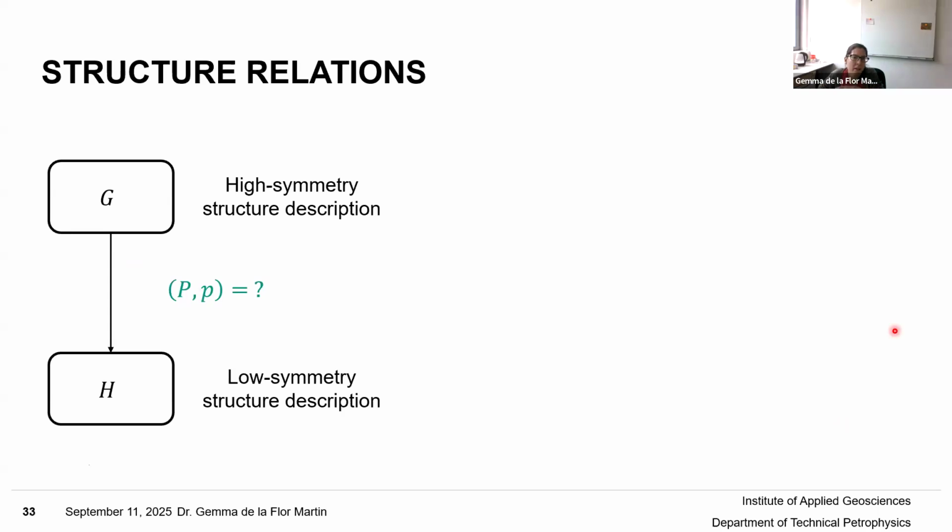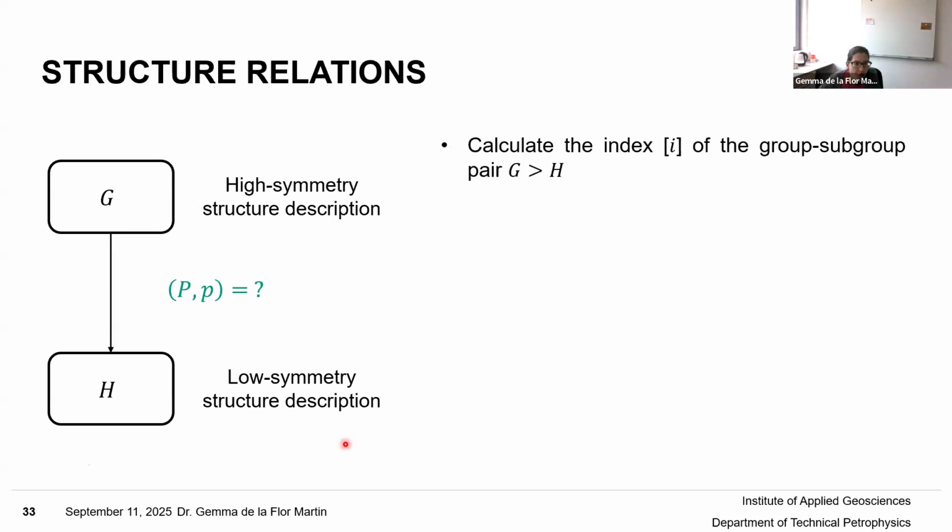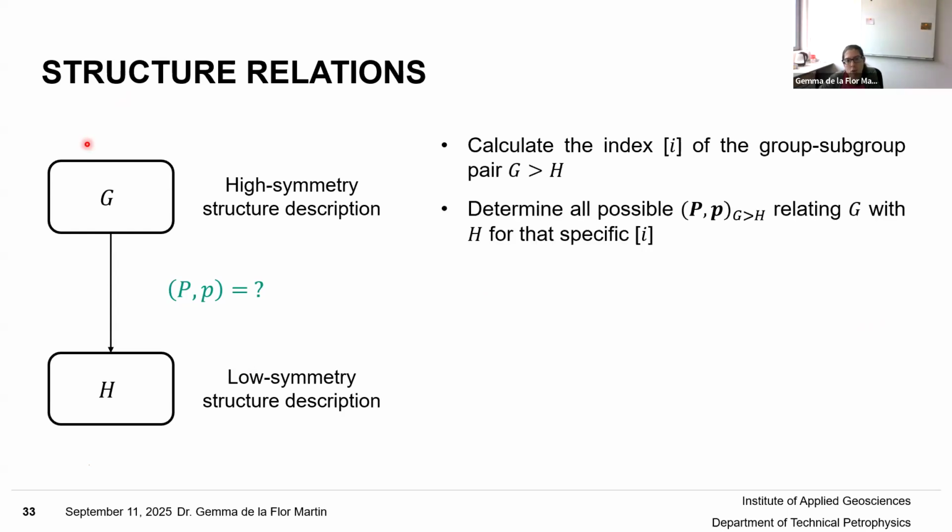Just to have an idea how the program works: if you provide your high and low symmetry structure, the program first calculates the index of this group-subgroup pair, and it then determines all possible transformation matrices relating both the group and the subgroup for that specific index.